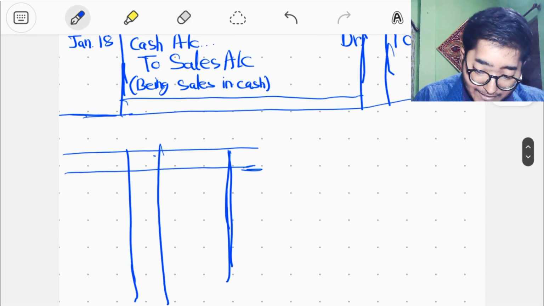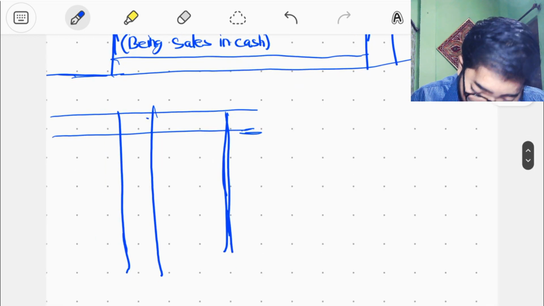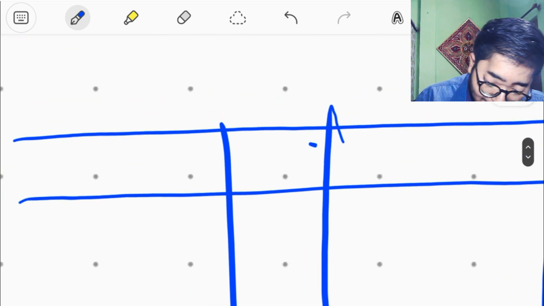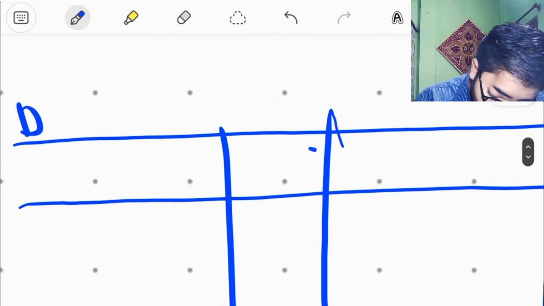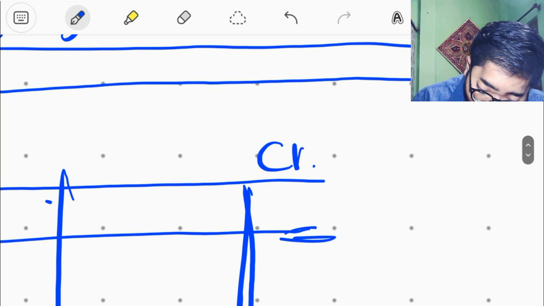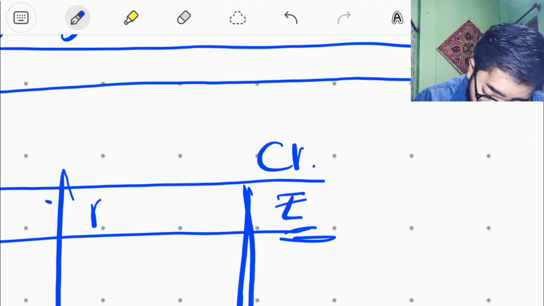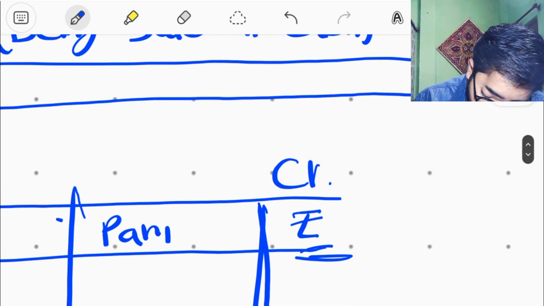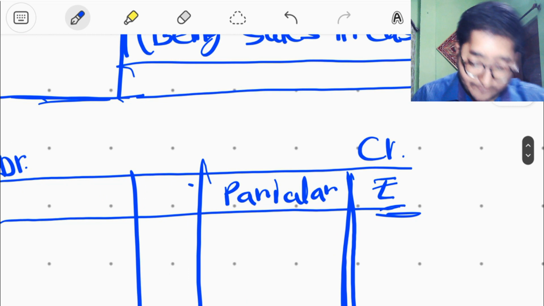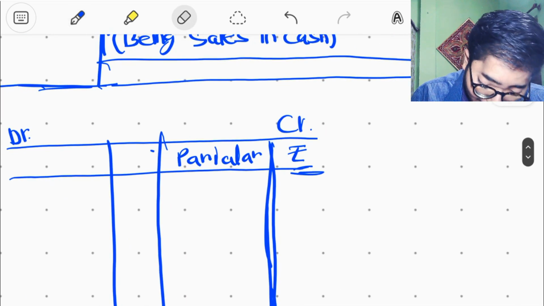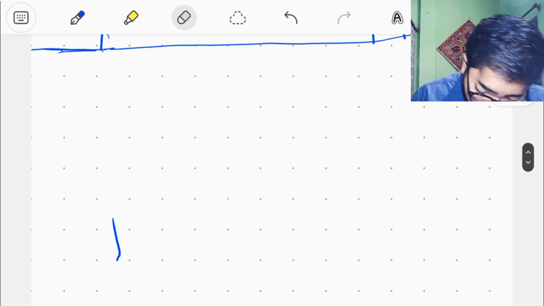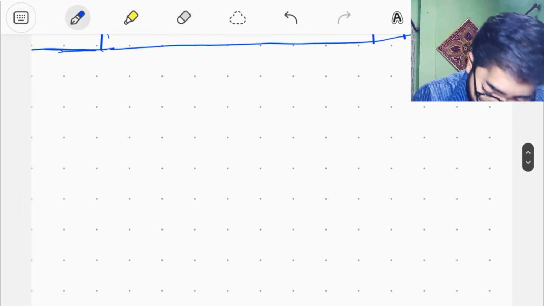So now let me draw this up. So in my solving, this is the debit side and this is the credit side. I am drawing up the particulars column. Okay, let's avoid this and let me draw a proper account, as this is your first sum.